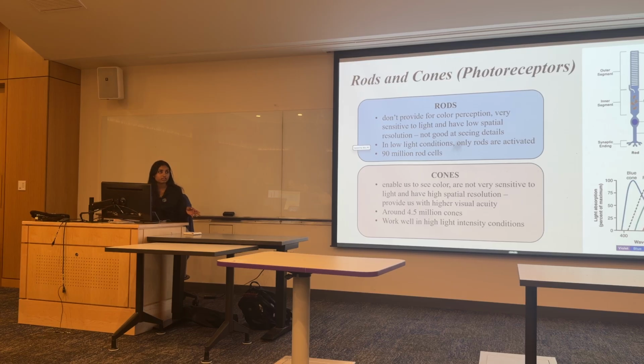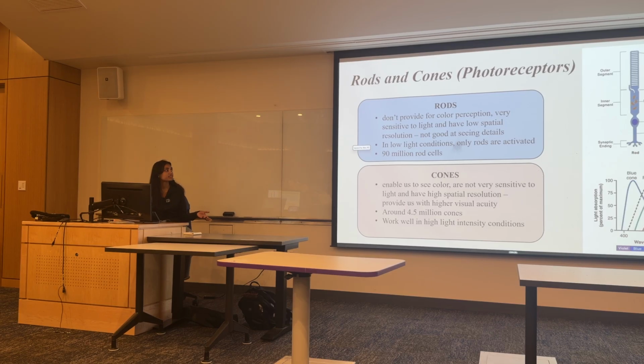So in low light conditions, rods are the only photoreceptors that are actually activated. So that's why it's hard for you to decipher color or details. And then when the levels of illumination or light increases, the rods eventually stop responding and fail to convey information. And then the visual processing gets transferred over to your cone cells.